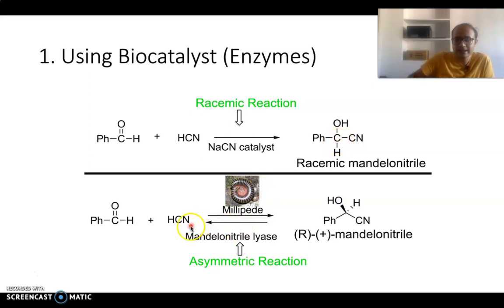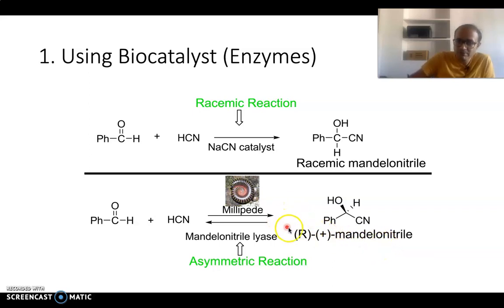If you use an enzyme called mandelonitrile lyase, which is obtained from this particular millipede, you get exclusively the plus enantiomer, and this enantiomer is the naturally found mandelonitrile.